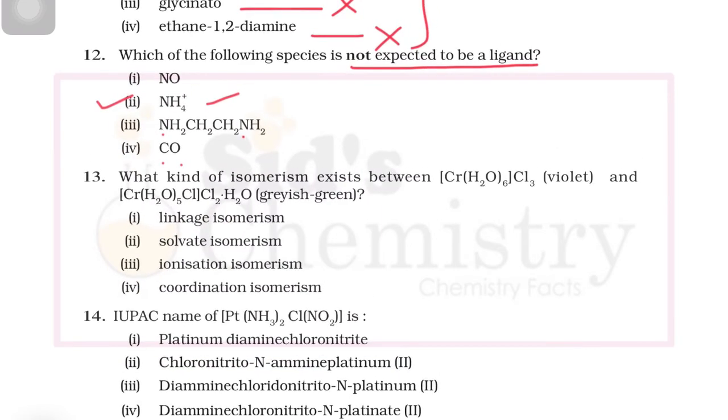Going to question number 13. What kind of isomerism exists between [Cr(H2O)6]Cl3, violet color, and [Cr(H2O)5Cl]Cl2·H2O, grayish green color?